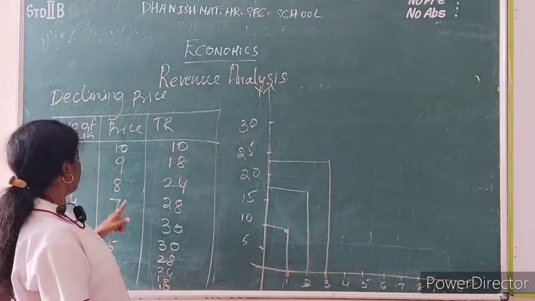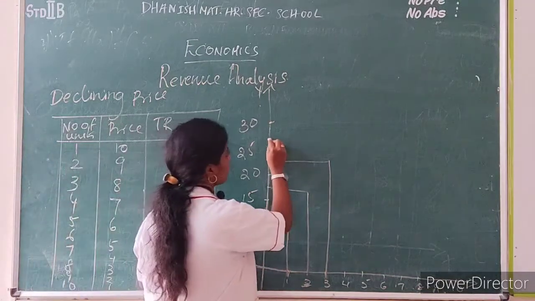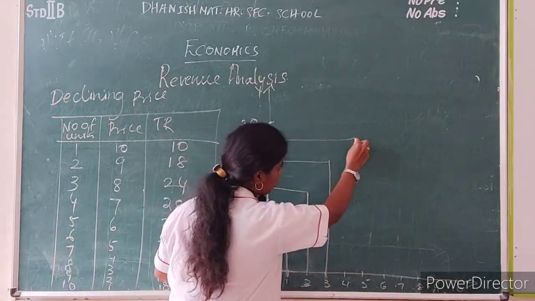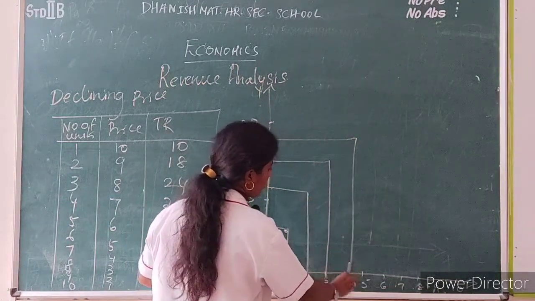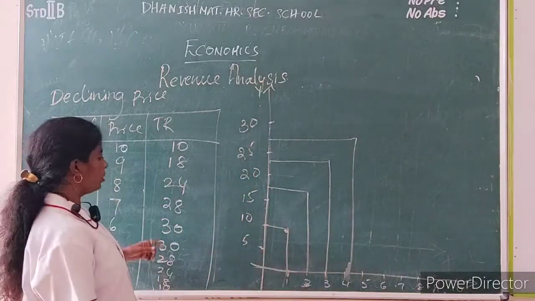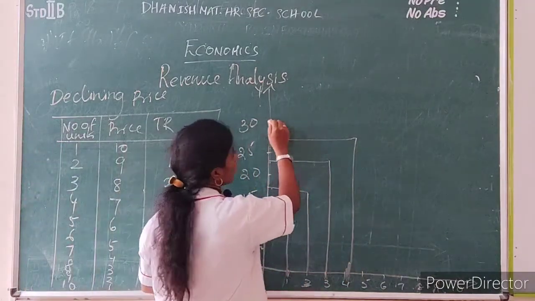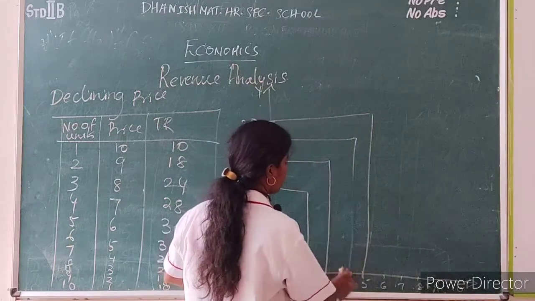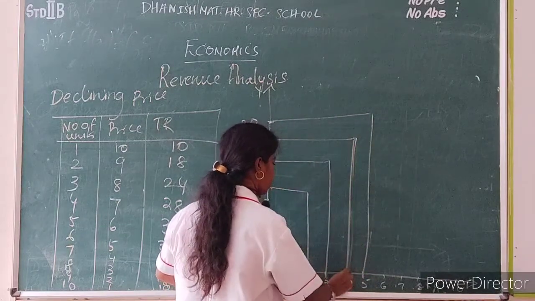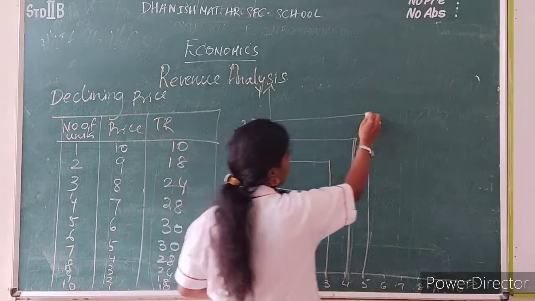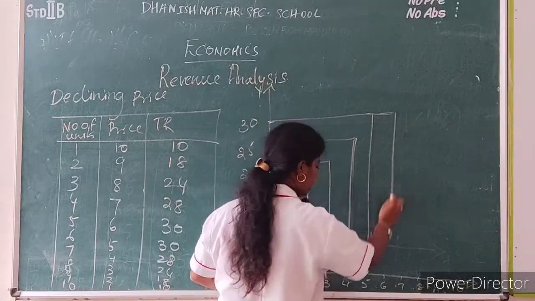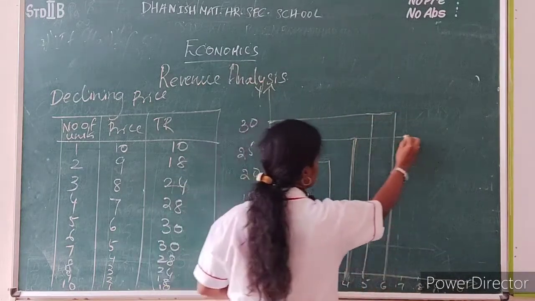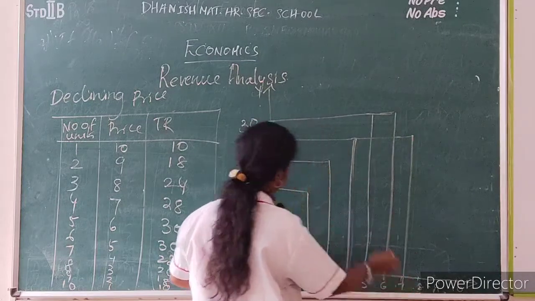Then 4, it comes to 28. Then 5, it is 30. Then 6 also, it is 30. Then 7, it is 28.